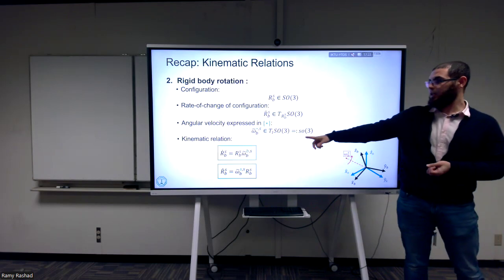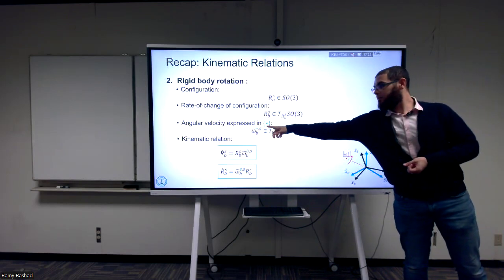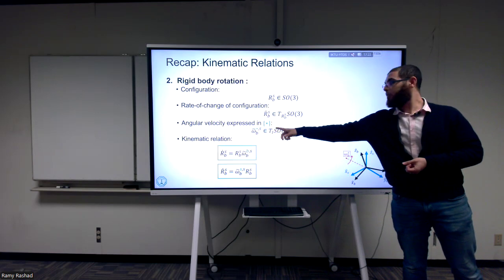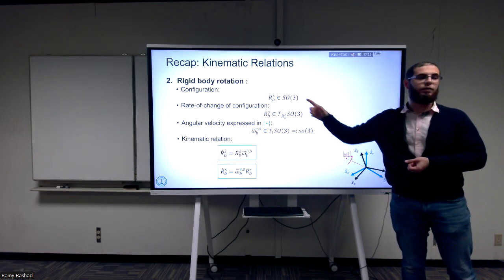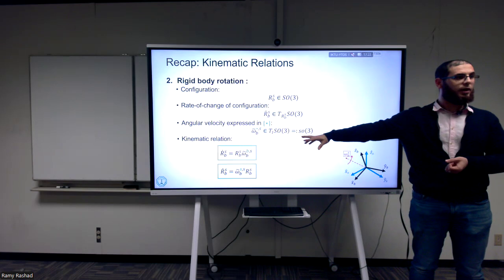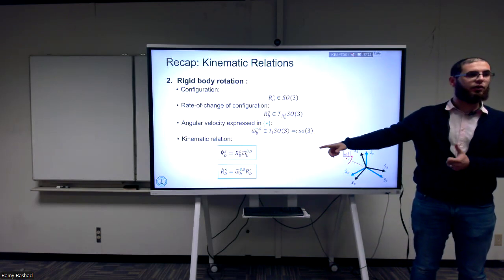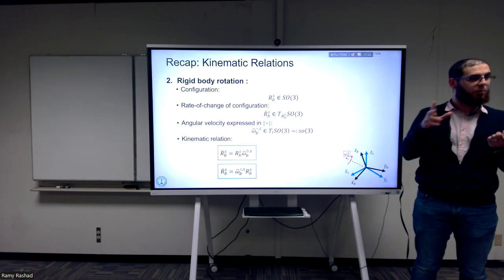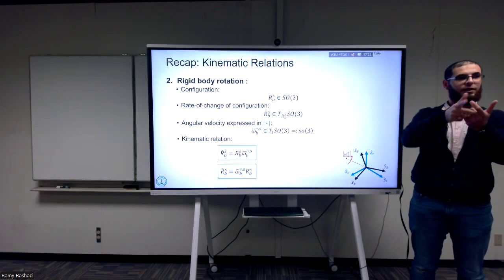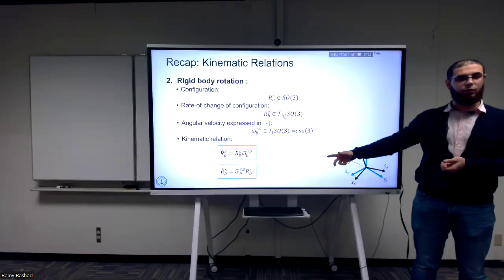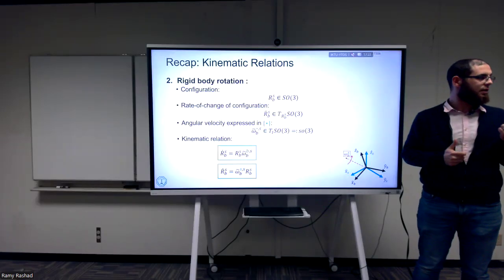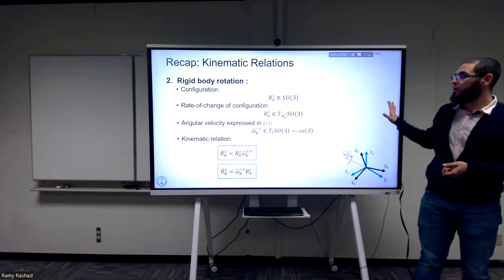The kinematic relation between this angular velocity in matrix form and the rate of change of the configuration variable is given by either this equation or that equation. In the first one, we're using the angular velocity expressed in the B frame, the body-fixed frame, which is the frame that's rotating with the body. And in the second one, we're expressing the angular velocity in the stationary frame.